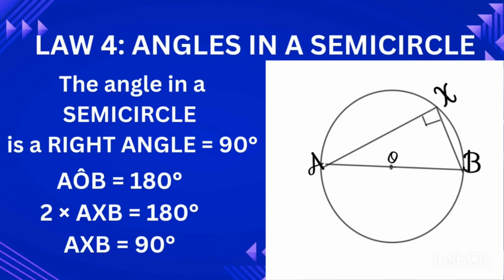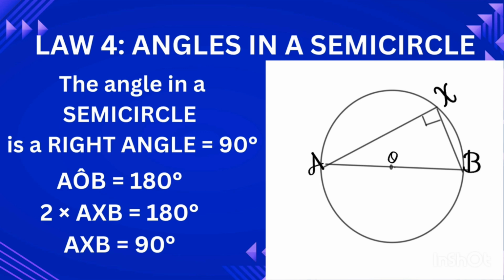So the 4th law, we talk about angle in a semicircle. In my diagram, the semicircle with angle ASB is equal to 90 degrees. So law number 4 states that the angle in a semicircle is always a right angle. That is 90 degrees. Half of 180 is 90, you know.